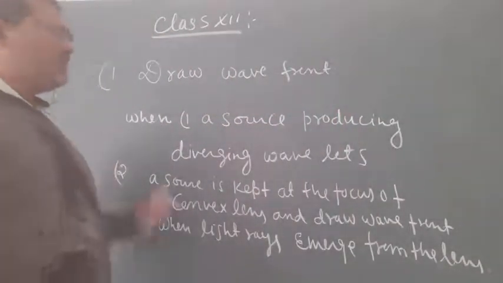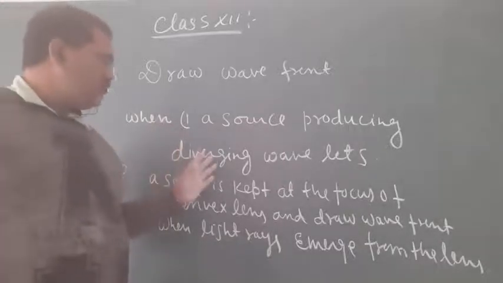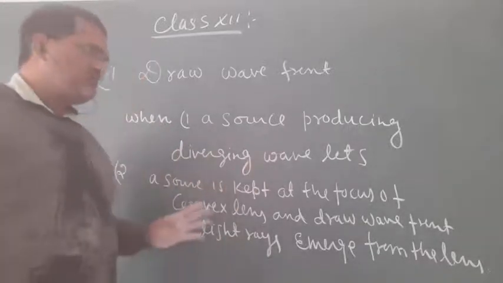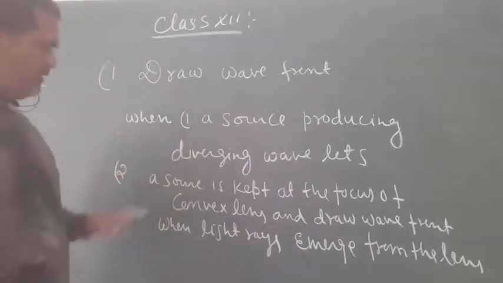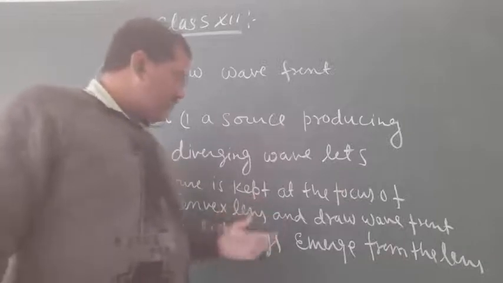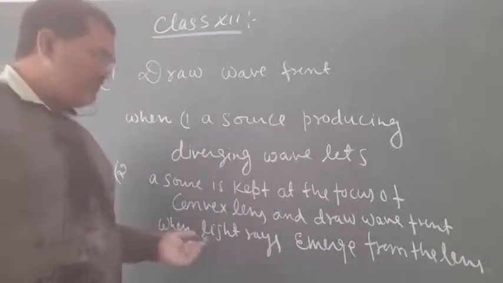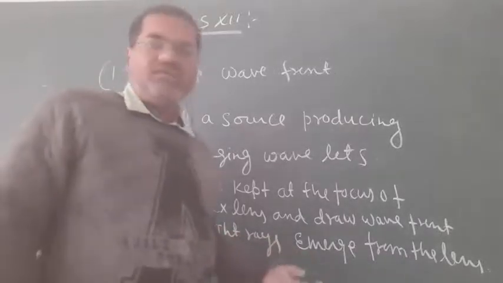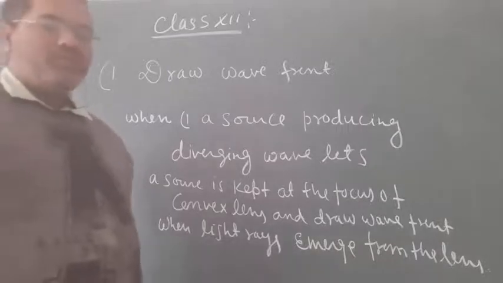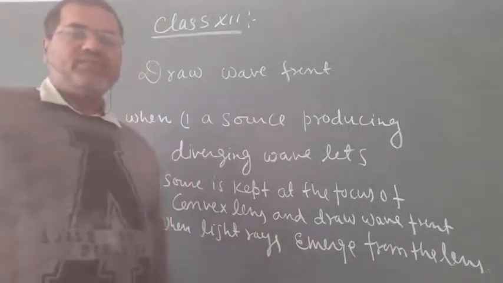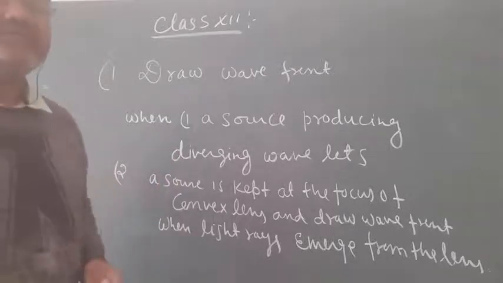So there are two questions. The first one is a source producing diverging wavelets, and you have to draw the wavefront for that. And the second question is, a source is kept at the focus of a convex lens and draw the wavefront when light rays emerge from the lens. So 2 minutes time is given to you for this question. Let's try.